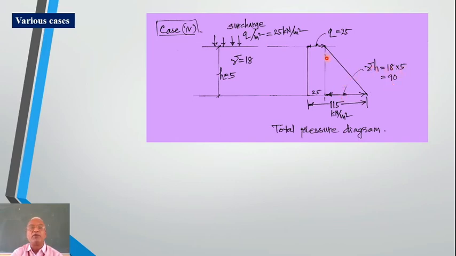If it is only 1 meter below, it will be 18 into 1. If it is 2 meters below, 18 into 2. If it is 5 meters below, it will be 18 into 5, like that. It's 90. But this existing 25 is already there. So 25 plus 90 becomes 115 kilonewton per meter square as the total pressure that will be acting, right? So this is the total pressure diagram because of soil with the surcharge.